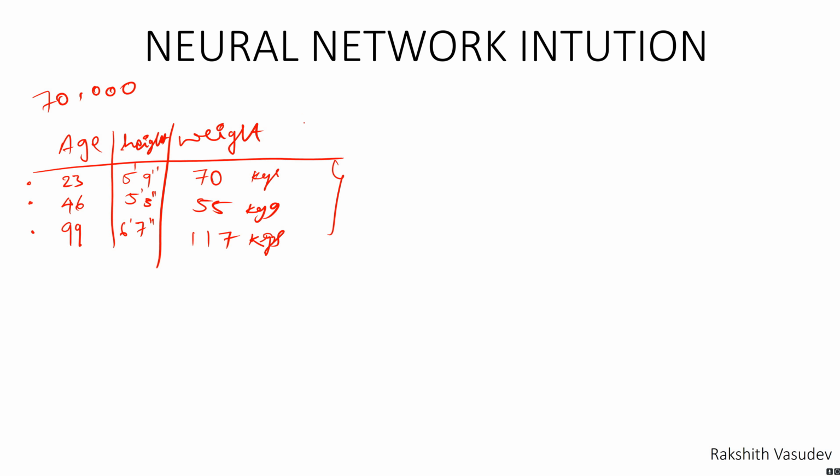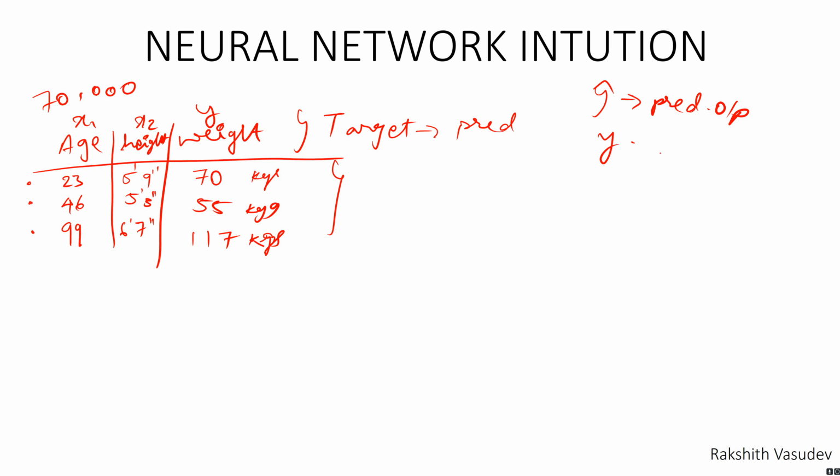You see, this is called my target label, and this is what I'm trying to predict. And these are all my inputs. So this is my x1, this is my x2, and my weight is y. Basically you should always remember y hat is the predicted output, in the sense the output coming from a neural network, and y is the actual output, the output from my data points.